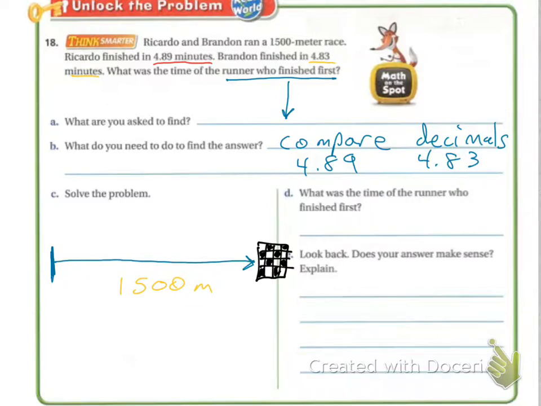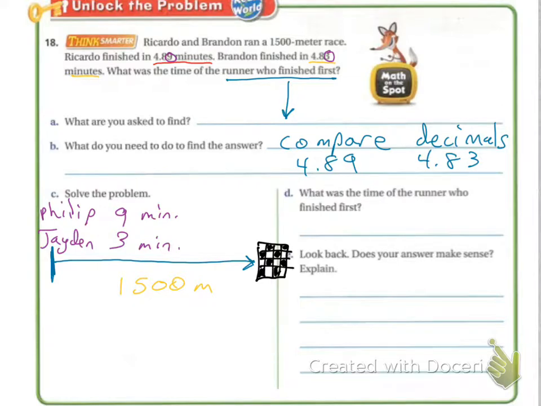And let me try to simplify that. I'm going to make up some numbers to help you better understand this. So I'm going to take the last digit of each of these numbers, 9 and 3. So let's say there's a certain distance, 2 students ran it. Shall we say, let's do Philip and Jaden. That just happens to be the names of these 2 runners. Philip, let's say he took 9 minutes to run a certain distance, and Jaden took 3 minutes.